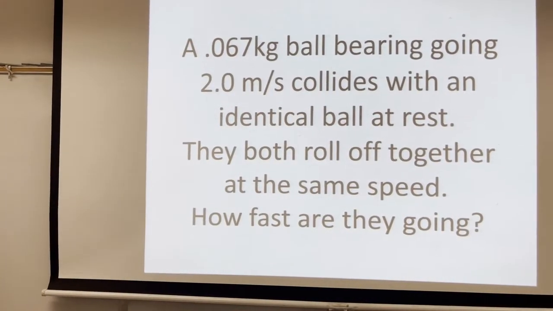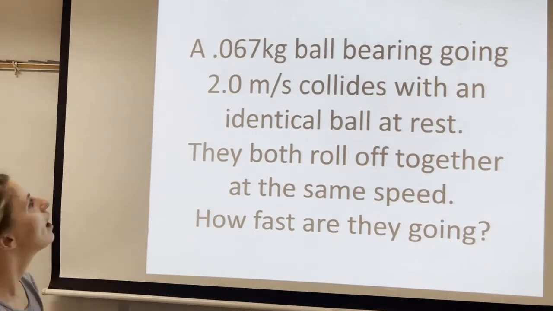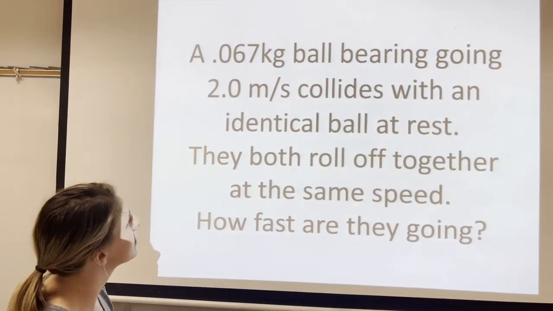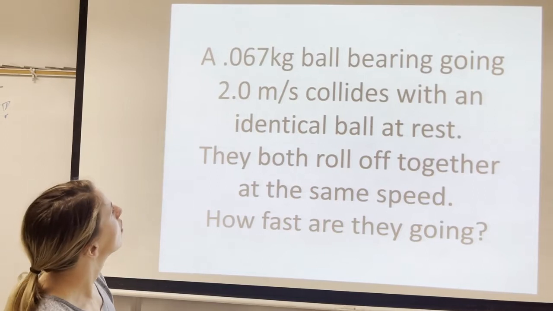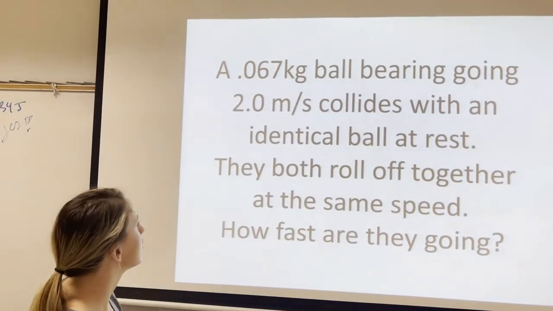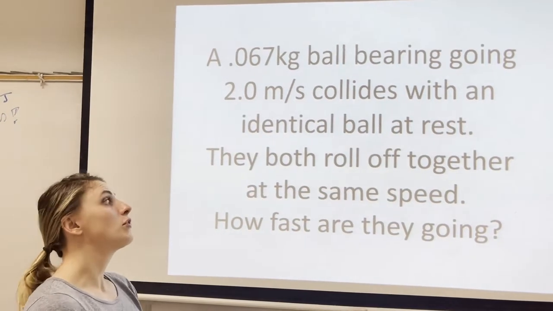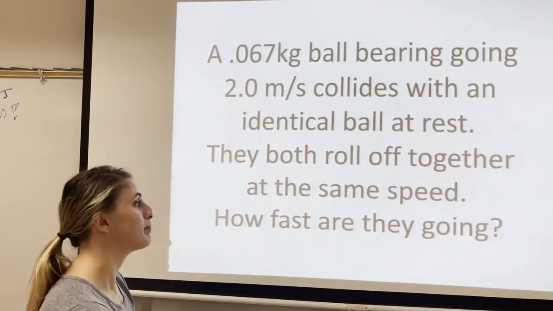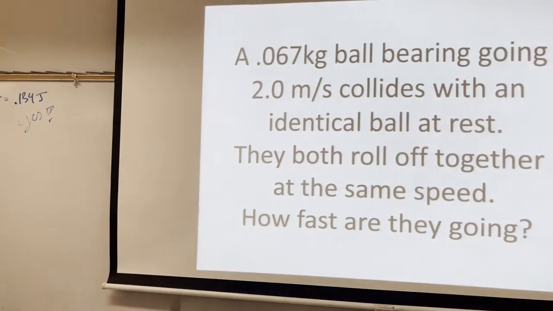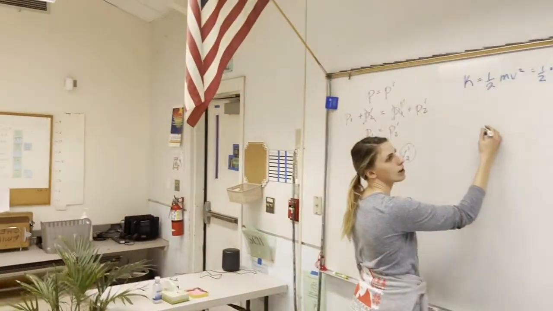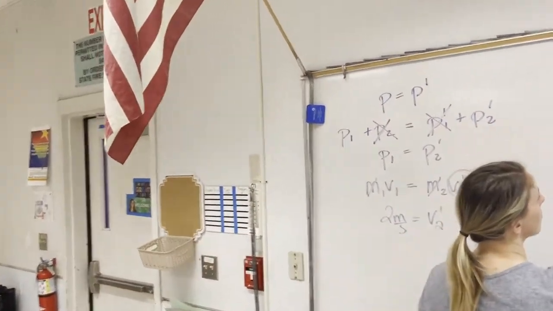Here's a different situation. A 0.067 kilogram ball bearing going 2 meters per second collides with an identical ball that's at rest. They both roll off together at the same speed. How fast are they going? Can we go back to this original pyramid here?